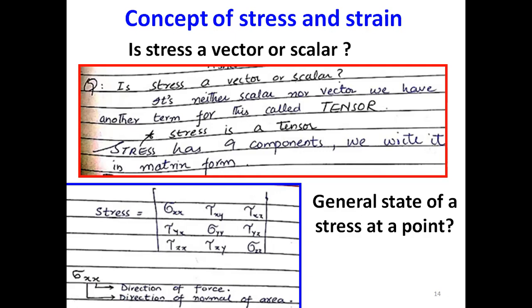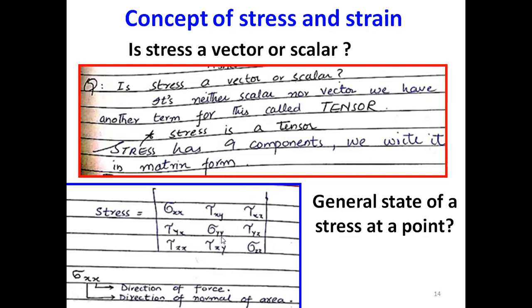The first subscript represents the direction of that normal to the area, and the second subscript represents the direction of the force. For example, sigma xx means that the force is along the x-axis, whereas the normal of the area on which the force is applying is also along the x-axis.